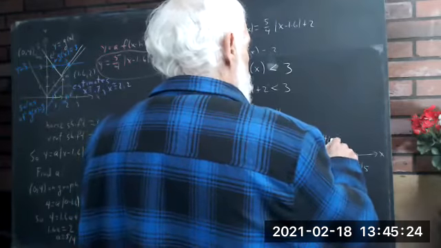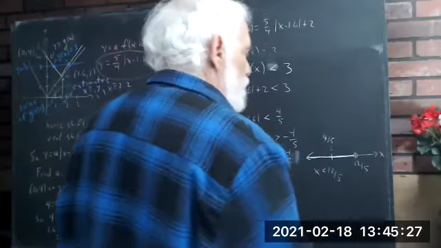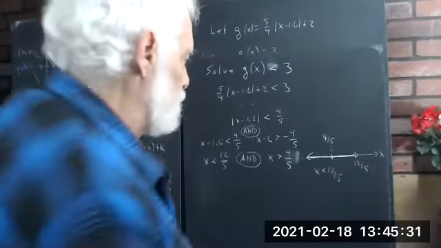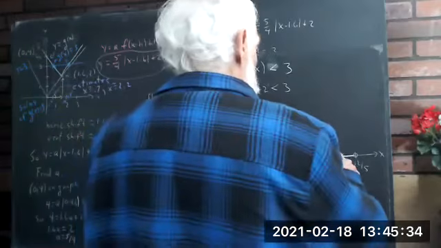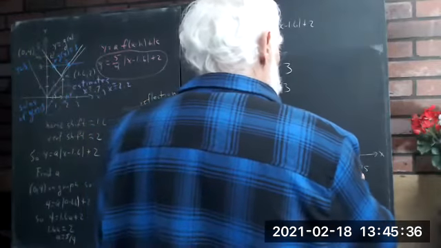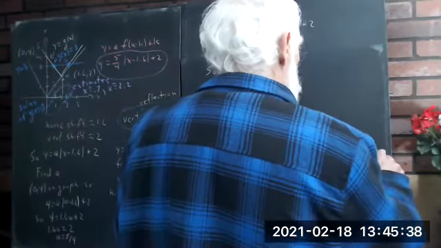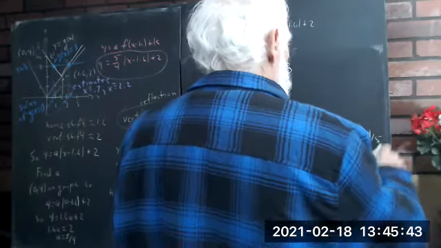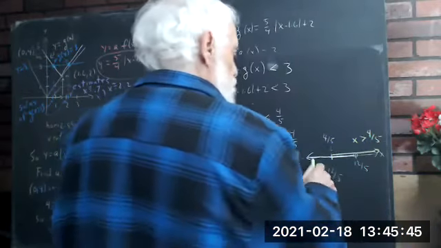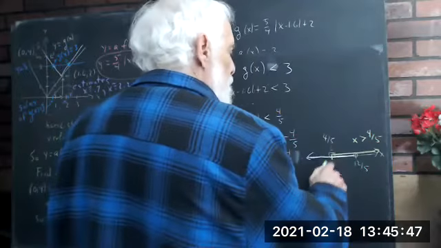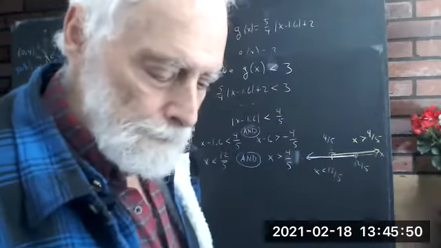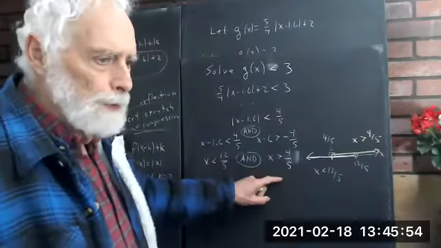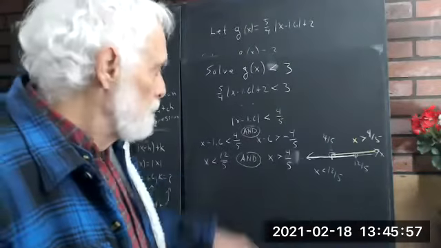So here's 4/5. And just use contrasting colors to see how this works. So here's 4/5, and here is x greater than 4/5. Doesn't include 4/5. So where is x less than 12/5 and x greater than 4/5?